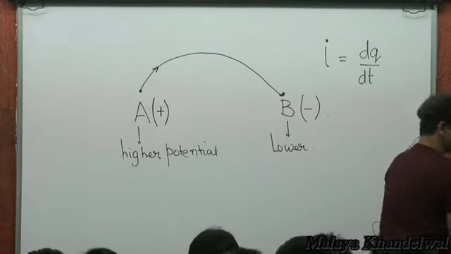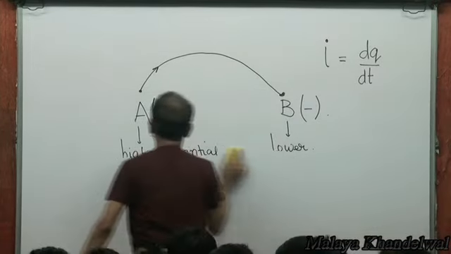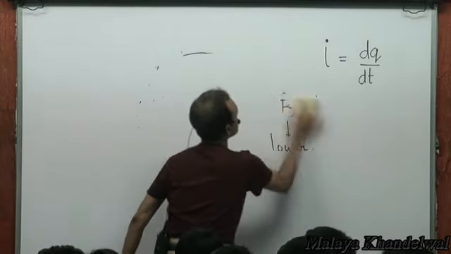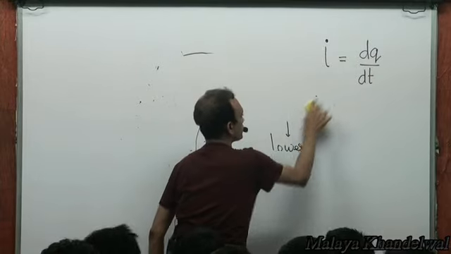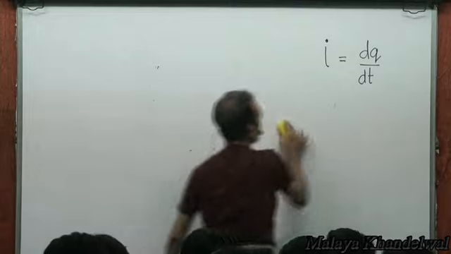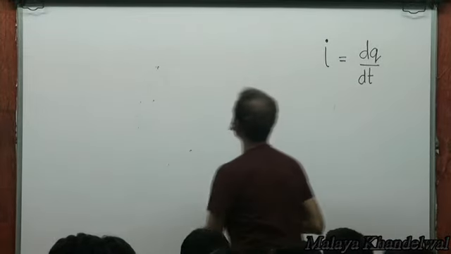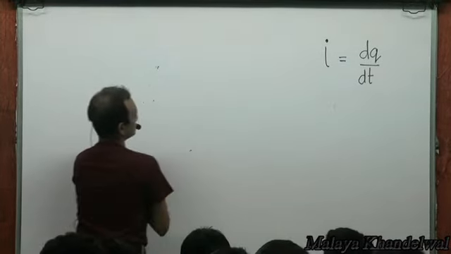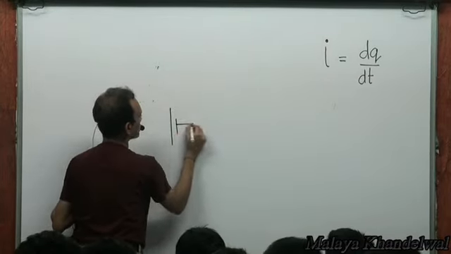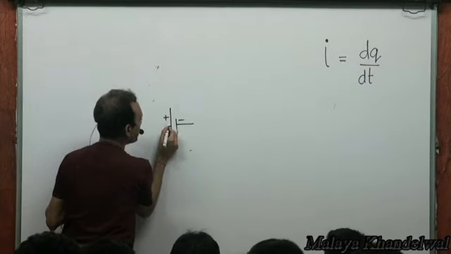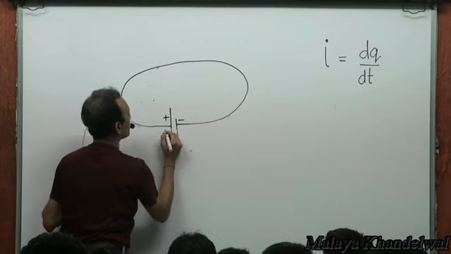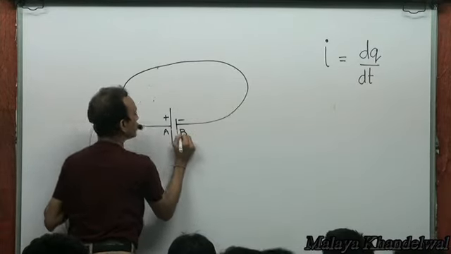Now, say the mechanism that maintains the potential difference between A and B is this: A maintained at a higher potential and B maintained at a lower potential.